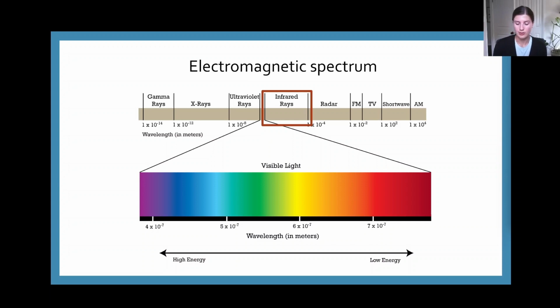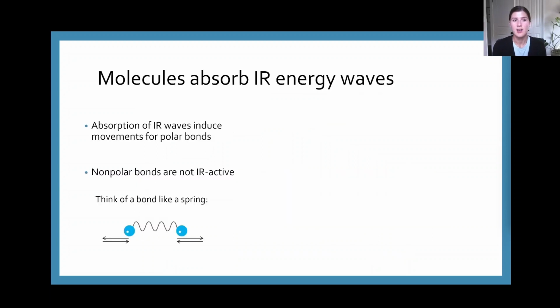And that's because certain molecules or certain bonds absorb IR energy waves. These absorptions of IR energy induce movements of polar bonds. Nonpolar bonds are not IR active, so they won't absorb any IR energy.